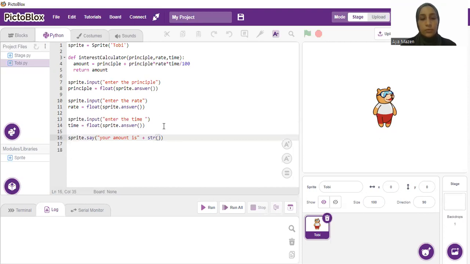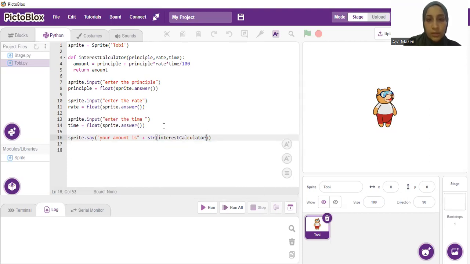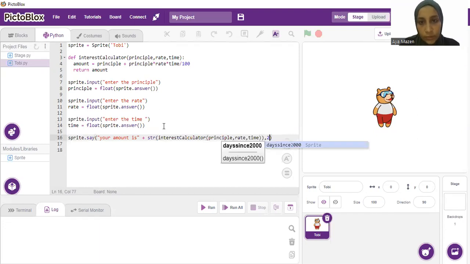So let's call the function interest calculator inside the str function, and give it the inputs: principal, the rate, the time. And don't forget to put the time that you want your amount to be displayed during.